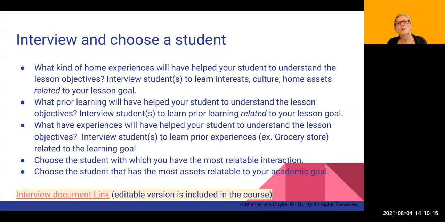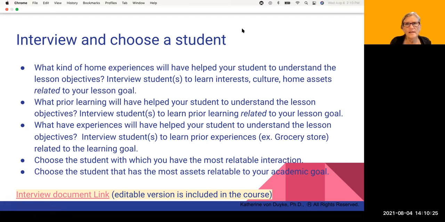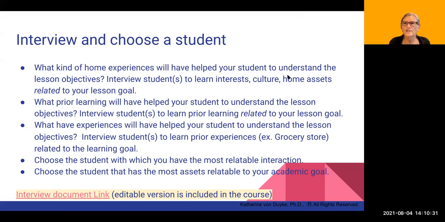So you'll look at the students' home experiences, their culture, their home assets, their personal interests as they relate to this academic goal.